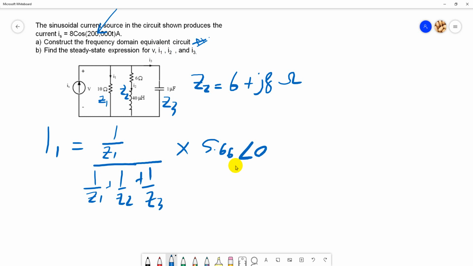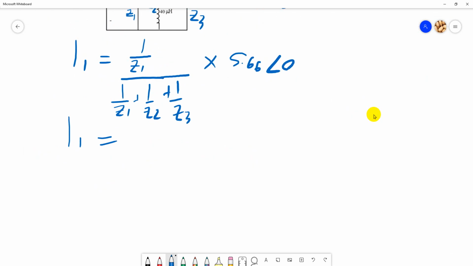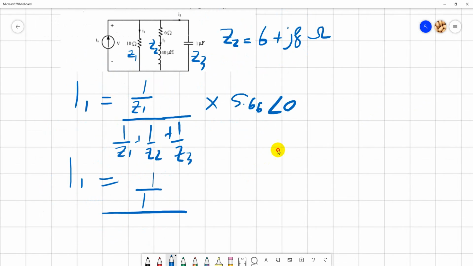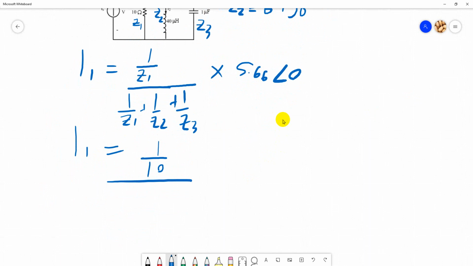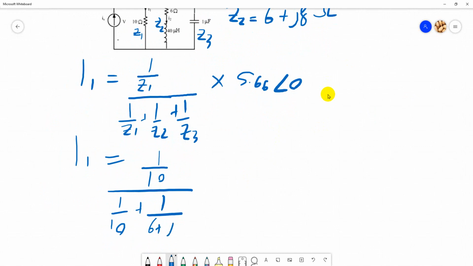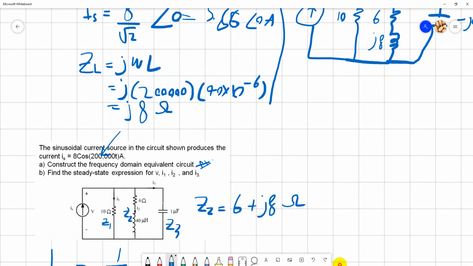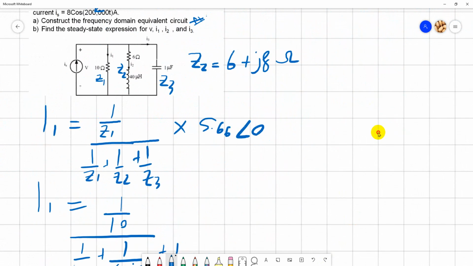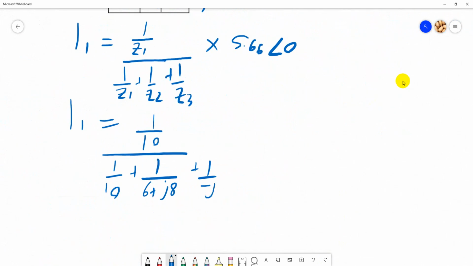So how to solve this I1? Just take the values. So 1 over 10 divided by 1 over 10 plus 1 over 6 plus j8, and plus 1 over negative j5, and then multiply by 5.66.